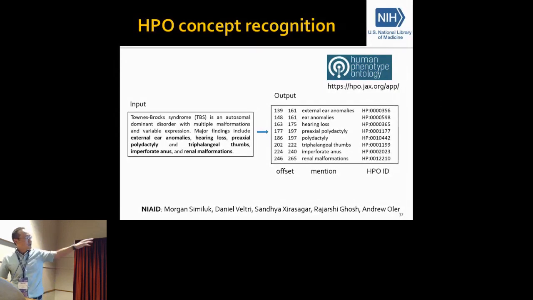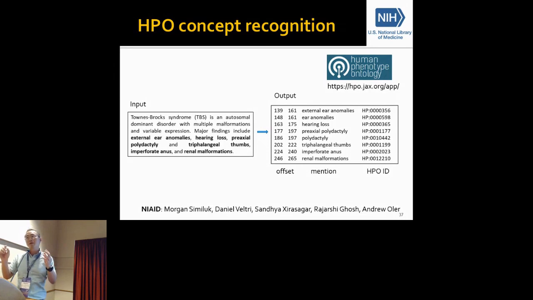In this slide, I showed you the input and the expected output. HPO is a typical ontology with, I think, over 15,000 terms, and these term concepts are arranged in a hierarchical graph or relationship. Each term is actually quite detailed.